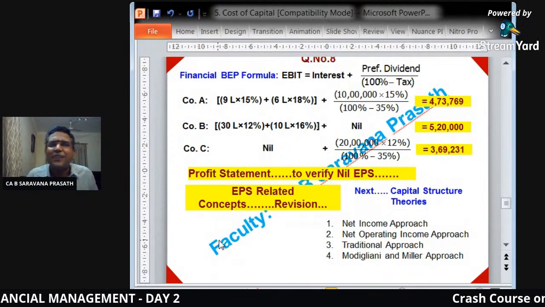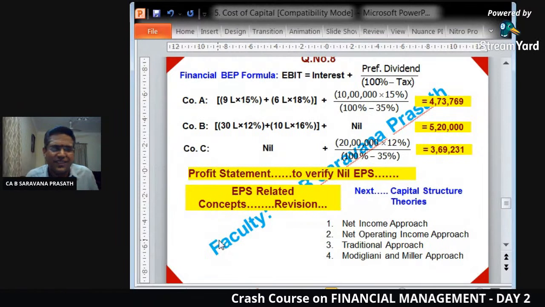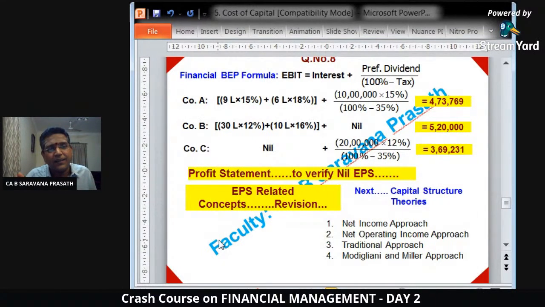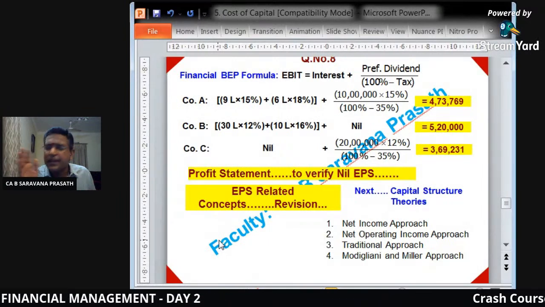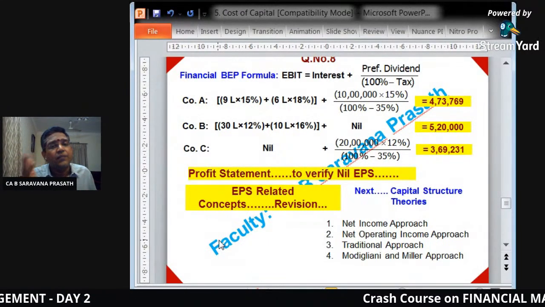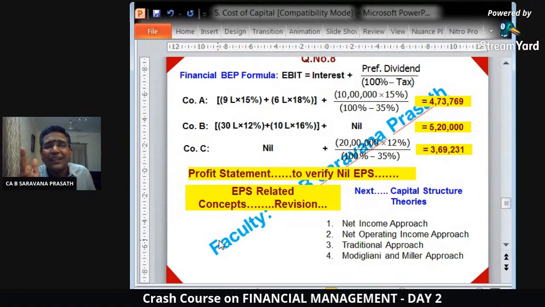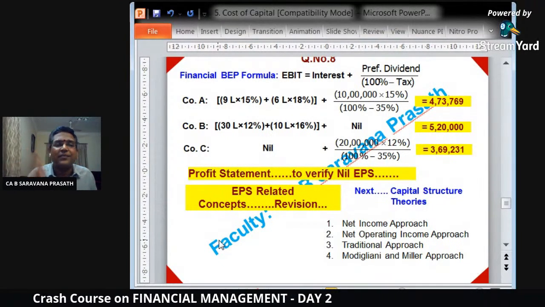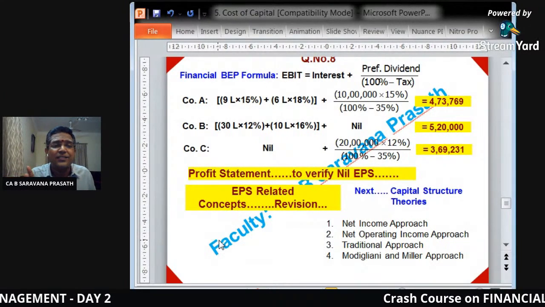These objectives are based on certain assumptions which we are going to have in capital structure theories. For example, we don't recognize preference shareholder, only debt and equity. Another assumption, there is no tax, easier to handle. Another assumption, there is no retained earnings.